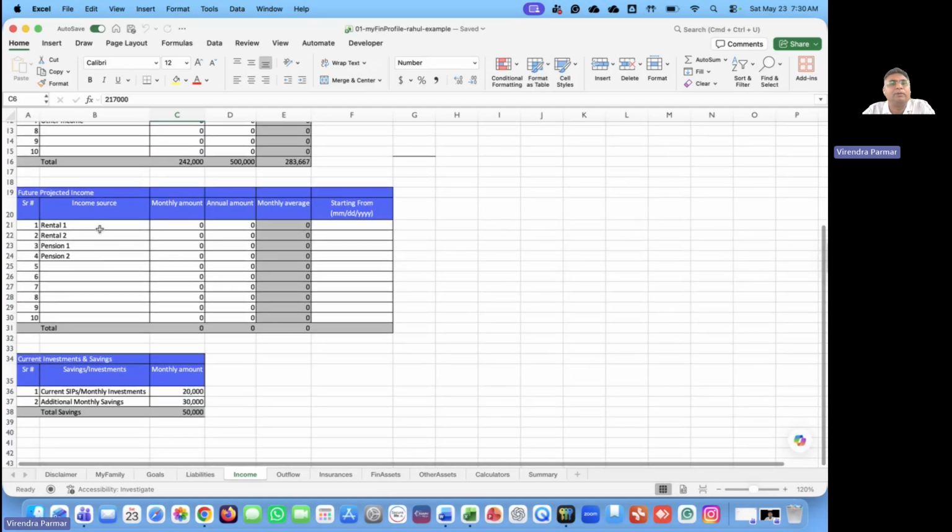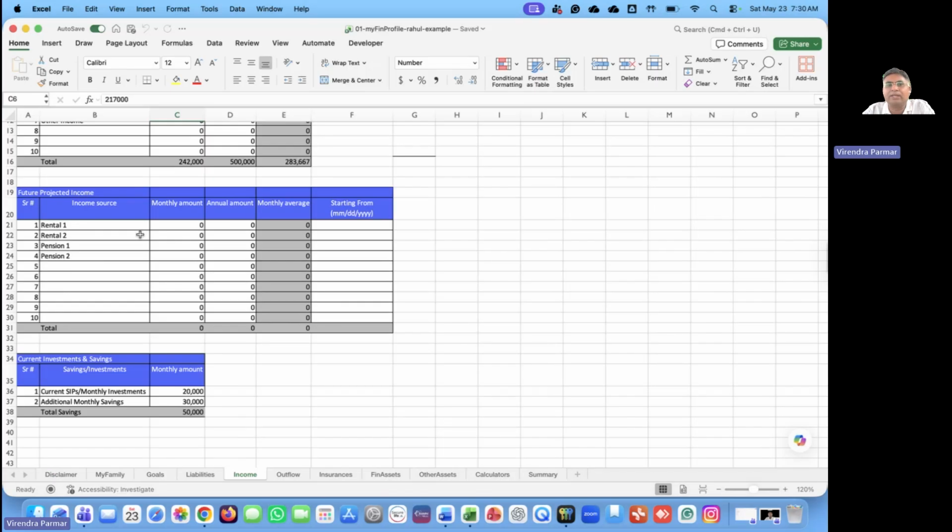You can also capture some of the projected income. In some cases, you know that you are buying a house and after 1 year or 2 years, it will be ready and you are going to get a rental income. You can capture it. You can also capture pension. Many times, someone has bought a money back policy or pension scheme where you are likely to get a pension at a future date. So you can capture those here.